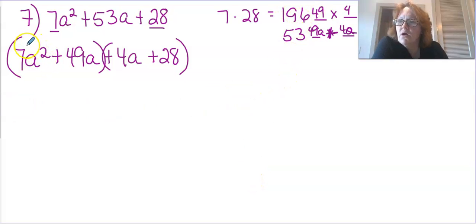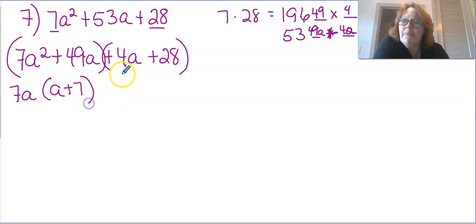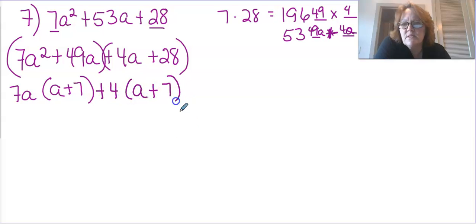So let's do greatest common factor of 7a squared and 49a is going to be 7a. And then in parentheses is a plus 7. And then over here I actually have a greatest common factor this time. It's going to be 4 plus 4. And again, a plus 7 in parentheses.